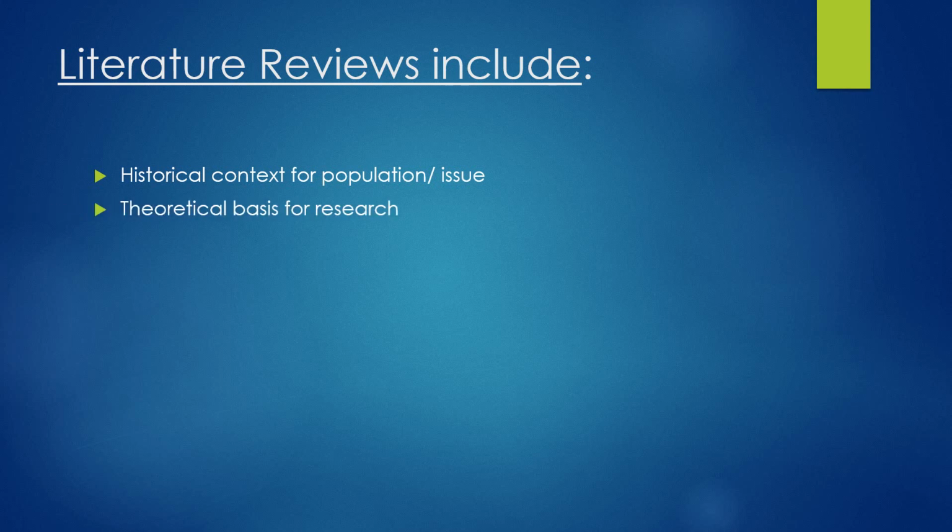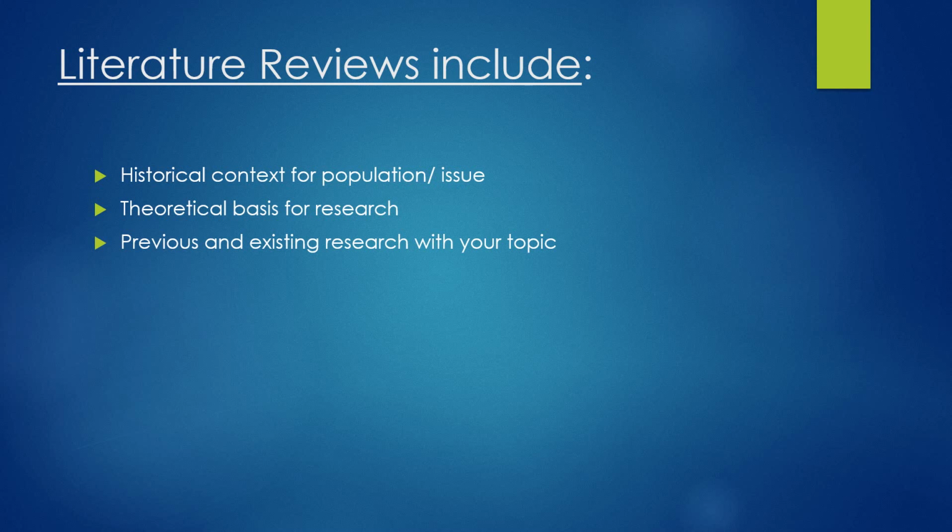Theoretical basis for your framework, whether it is conflict theory or any kind of micro or meso level approach to looking at life or phenomena that occur within it, a theoretical basis is going to be included in the literature review as well. So theoretical basis is the second thing provided by a literature review.